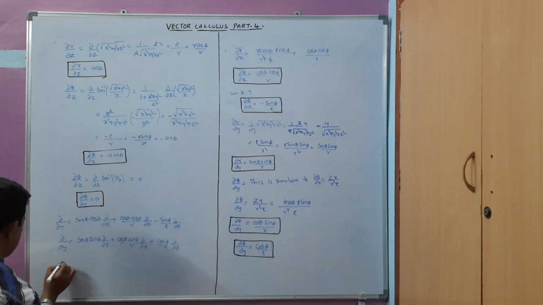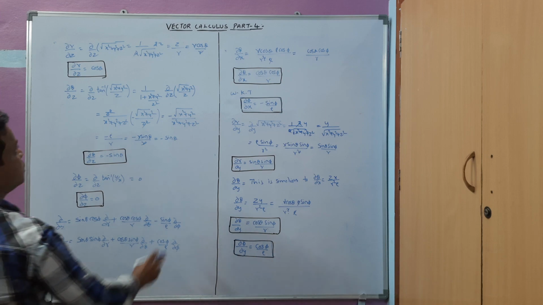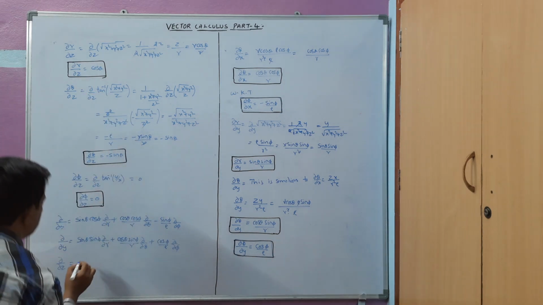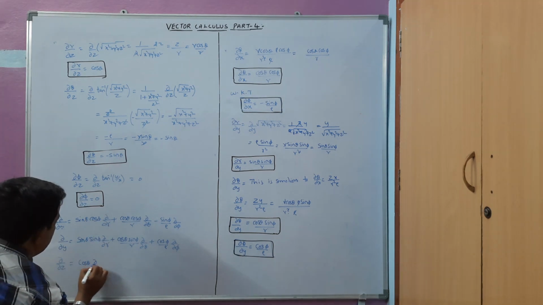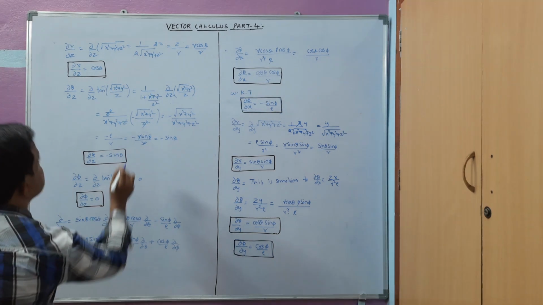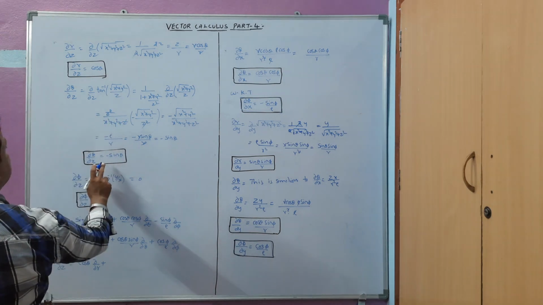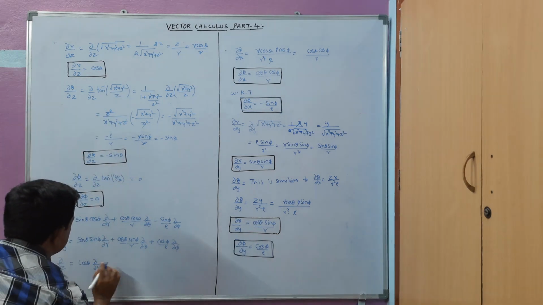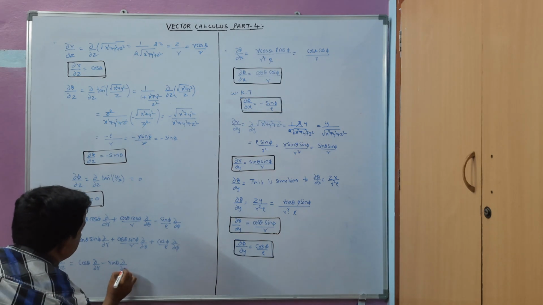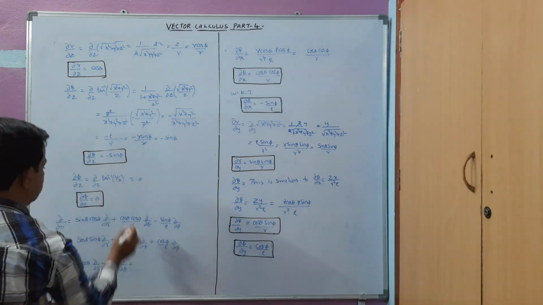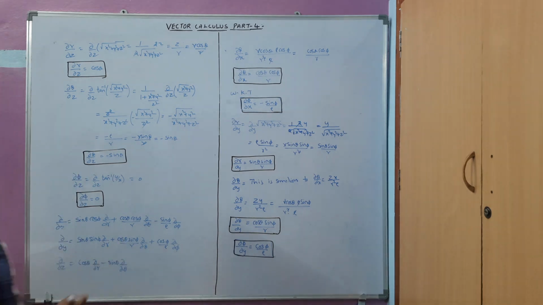Finally, dou by dou z: dou r by dou z is cos theta, into dou by dou r, plus dou theta by dou z, which is minus sin theta, into dou by dou theta, plus 0.